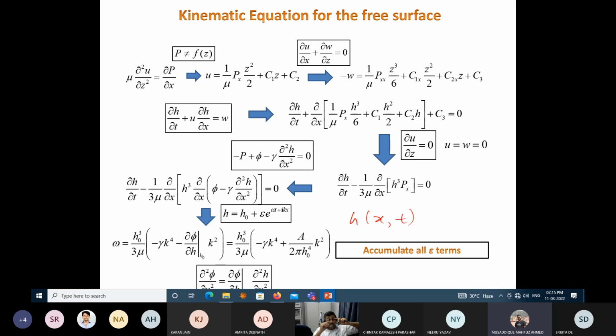Sir, I'm a bit confused with order and degree, sir, actually. Order: first order with respect to time and second order with respect to space. First order with respect to time is correct, but is it second order with respect to space? Third order it is. What is the order? Repeat.